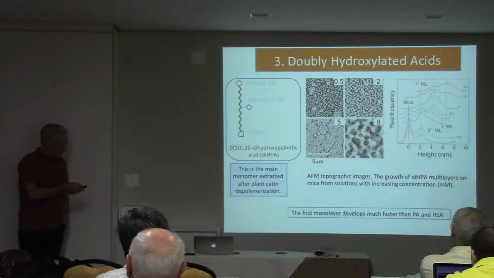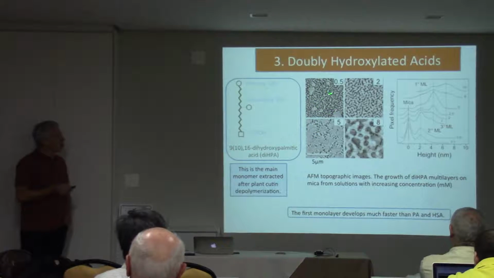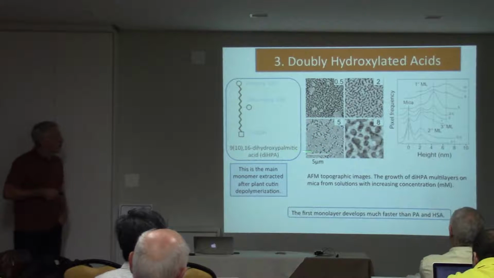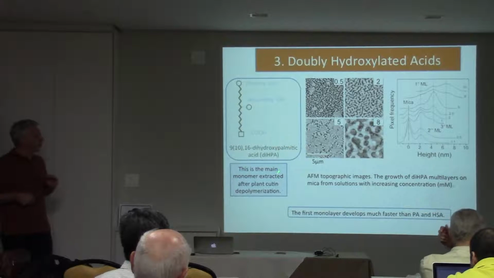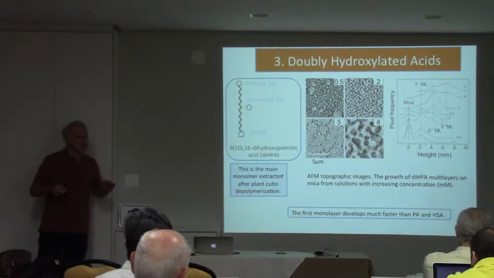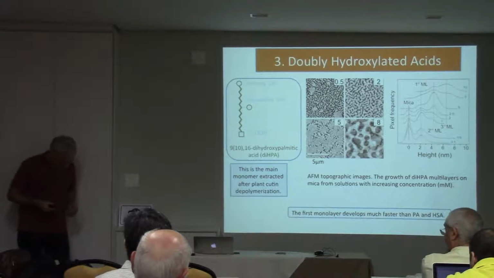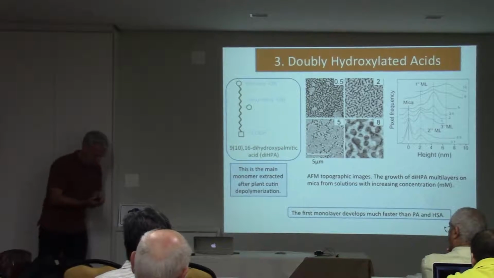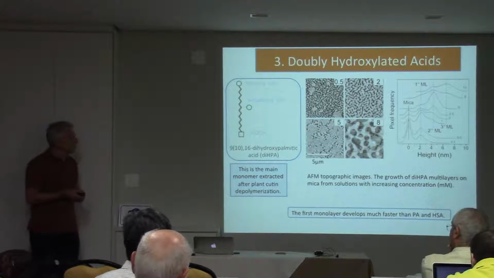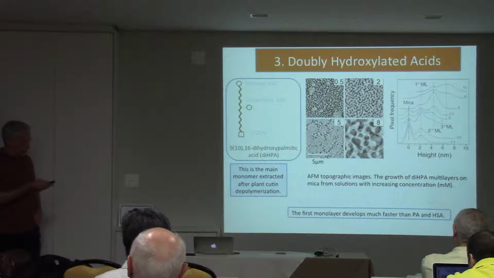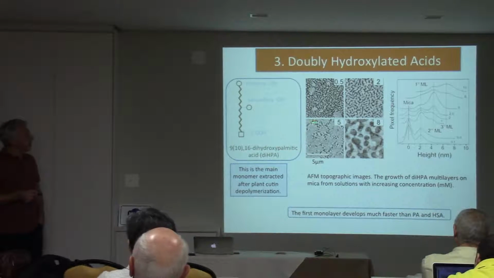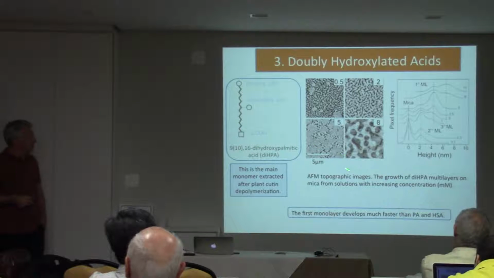We expect that the coverage of the surface by the monomer is very effective. So the first monolayer develops very fast, covering all the surface. And the multilayer system is also observed in this system.